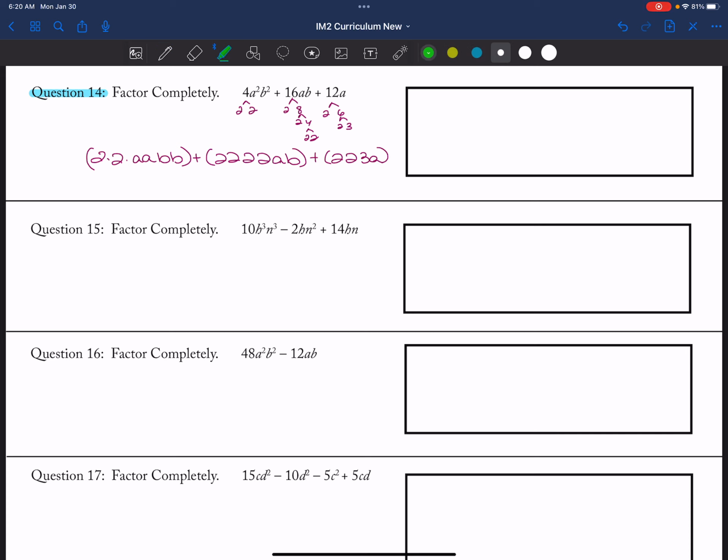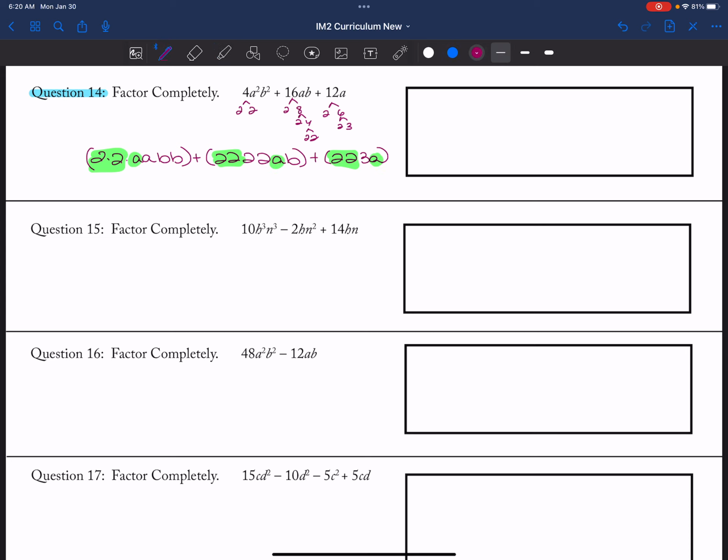Okay, so now they all have 2's. So 2 2's, 4, 4, 4. We all have 1a, and not everybody has a b.